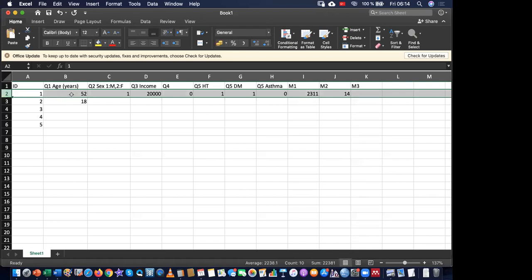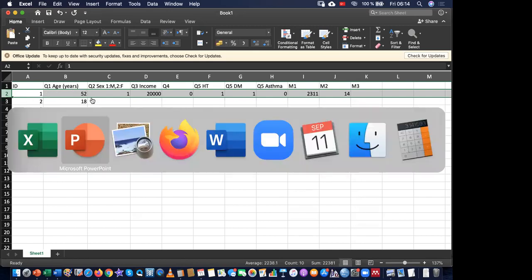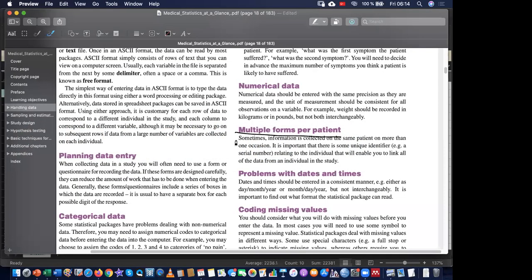Is this Zakaria or is this Azamat? From the age you may differentiate, but that would be difficult if the ages are similar. So if you have a repeated measure or multiple forms per patient, you should also include a unique identifier.